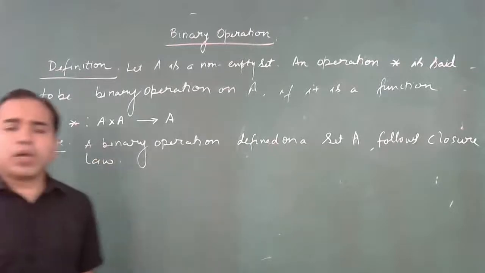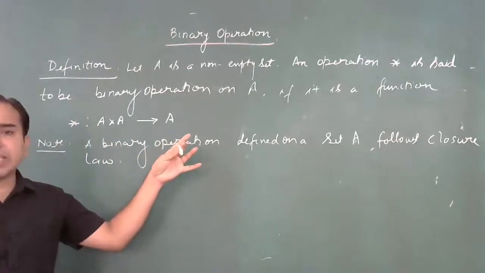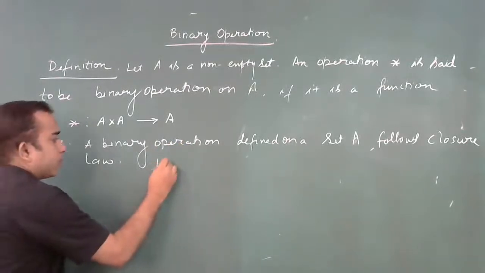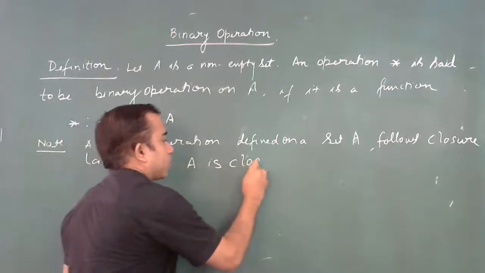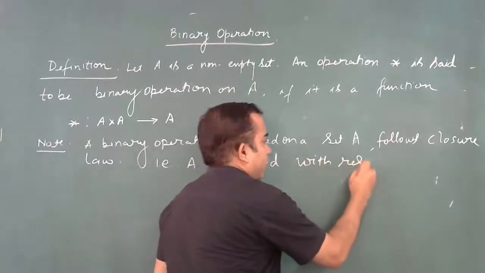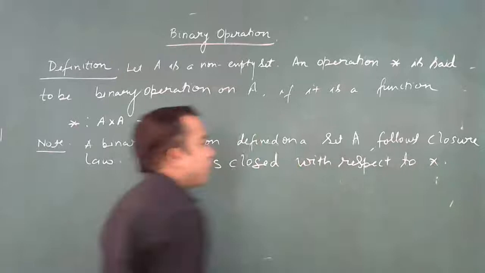The meaning is that the set A is closed with respect to star.